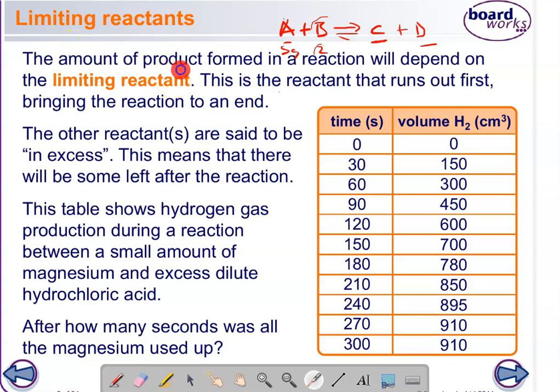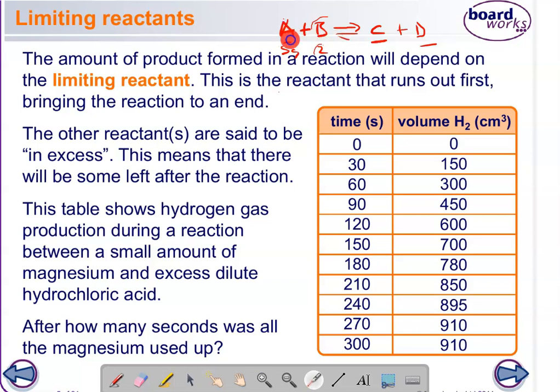The amount of product formed in a reaction will depend on the limiting reactant. This is the reactant that runs out first, bringing the reaction to an end. Let's go back to our generic reaction.